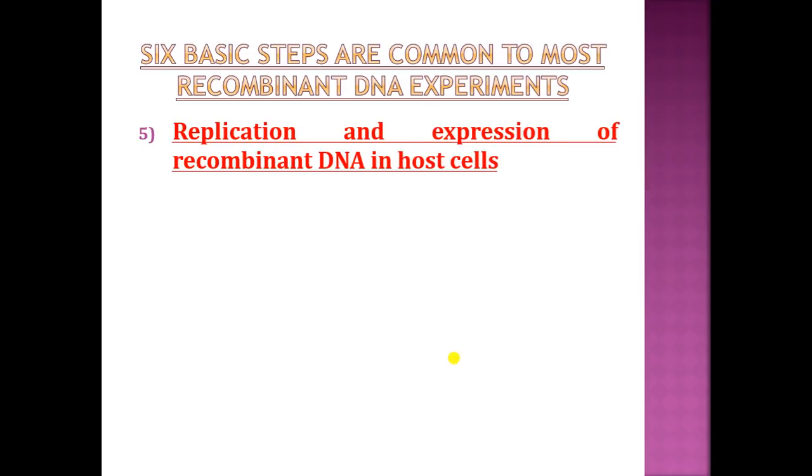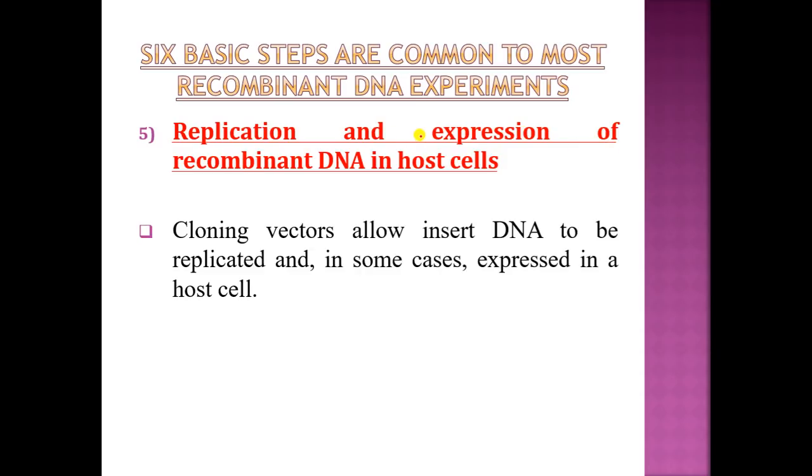Now after inserting this vector into the host cell, we will allow the replication and the expression of recombinant DNA in the host cells. The cloning of these vectors allows insert DNA to be replicated and in some cases expressed in a host cell.